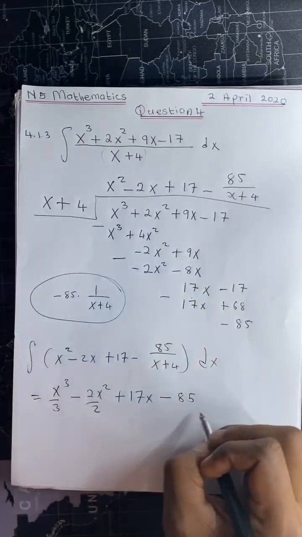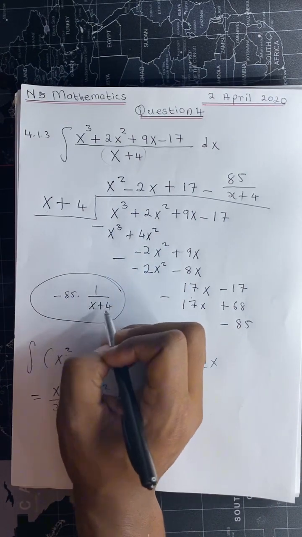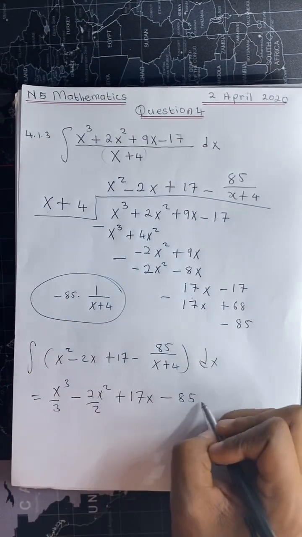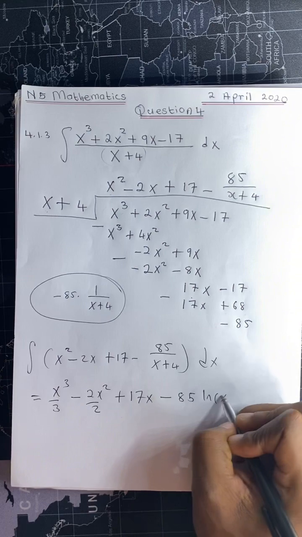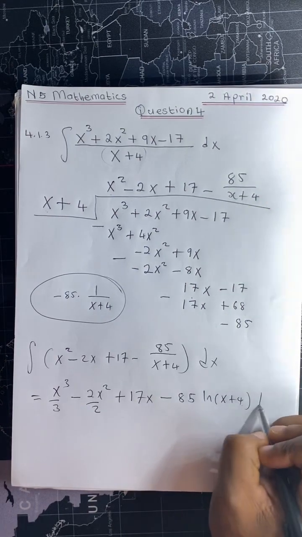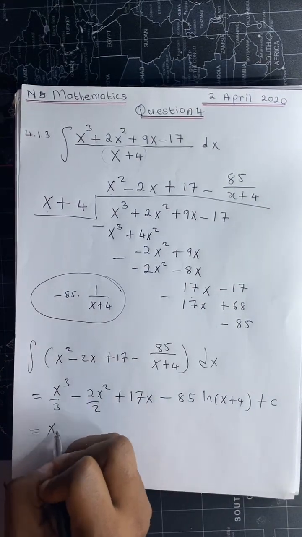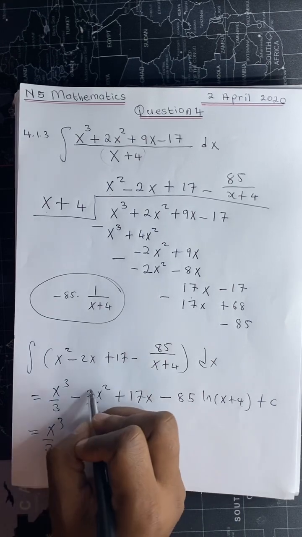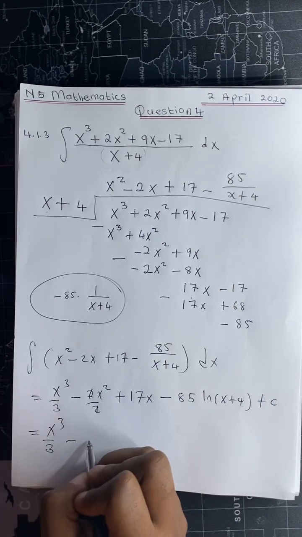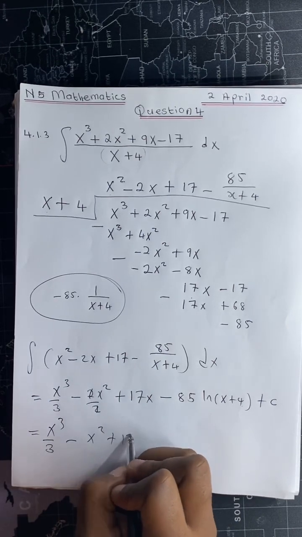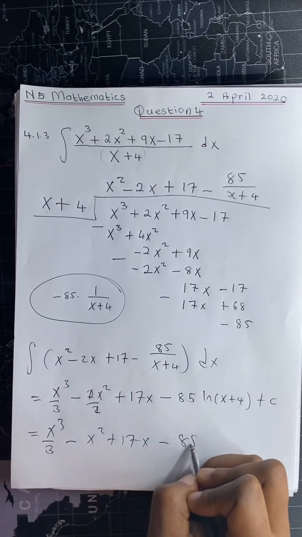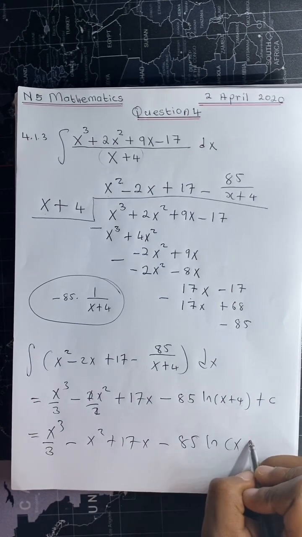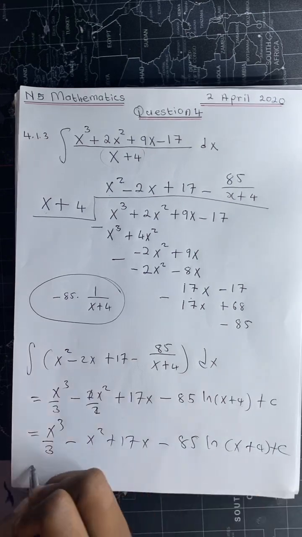So when we integrate the 1 over x plus 4, this 85 is a constant. This will be ln of x plus 4 plus c. That 2 will cancel out with that 2, and we'll have x cubed over 3 minus x squared plus 17x minus 85 ln of x plus 4 plus c as our final answer.